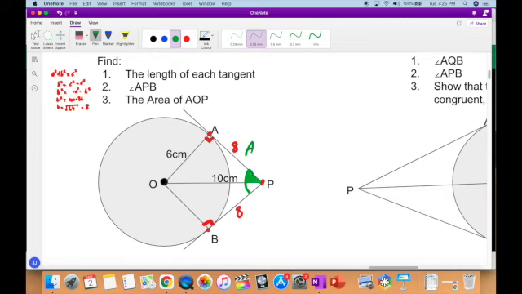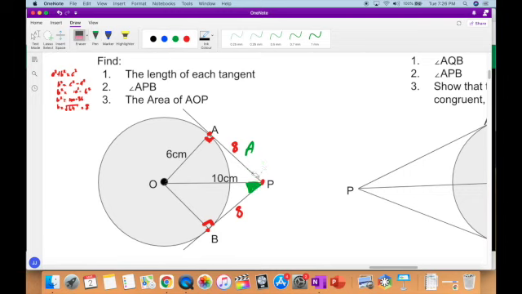Right, and when you find that angle there, it is going to be the same as this one here, right? So therefore, when you find this angle here, you have to multiply it by 2 to get the full thing. You understand? Yes, sir.